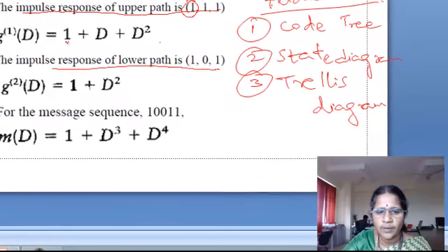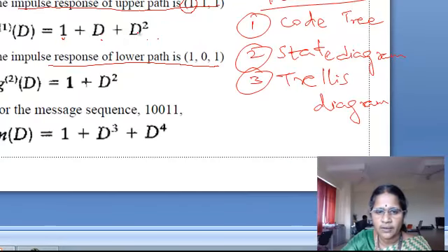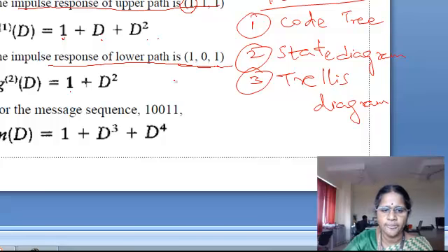So the polynomial is 1 plus d plus d square with respect to the upper path, and similarly with respect to the lower path it will be 1 plus 0 plus d square.